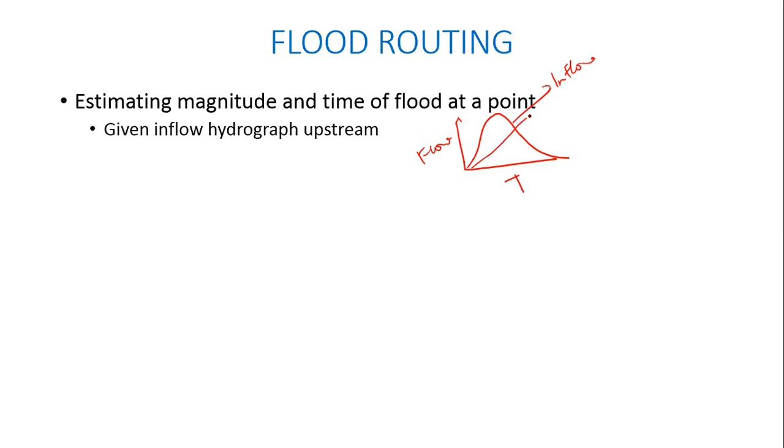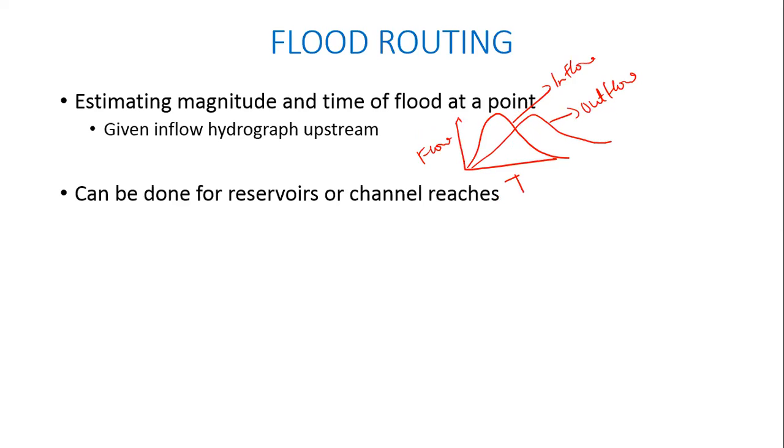Just imagine this. Suppose this is my outflow. You will notice I tried to draw it in such a way that the peak is lower than the inflow and the time to peak is greater than the inflow. So that is what I'm trying to achieve when I do this flood routing.